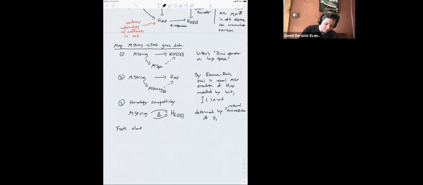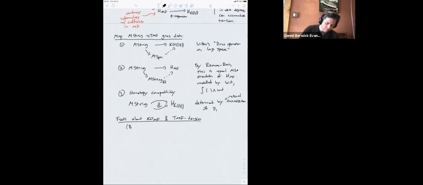about KOMF and TMF torsion. And these are sort of repackaged results of Lee Bunke and Nico Naumann. They have a paper about secondary invariance of the Witten genus.